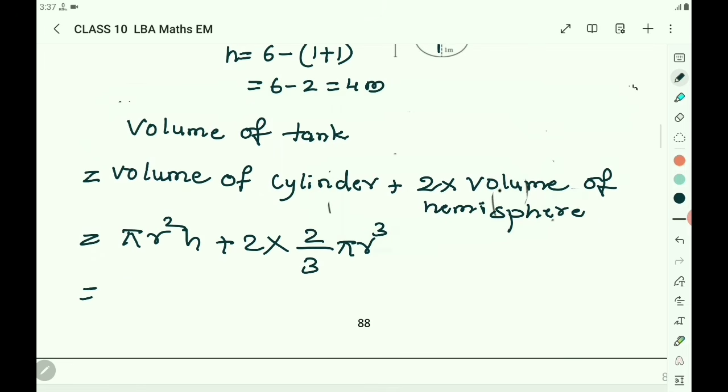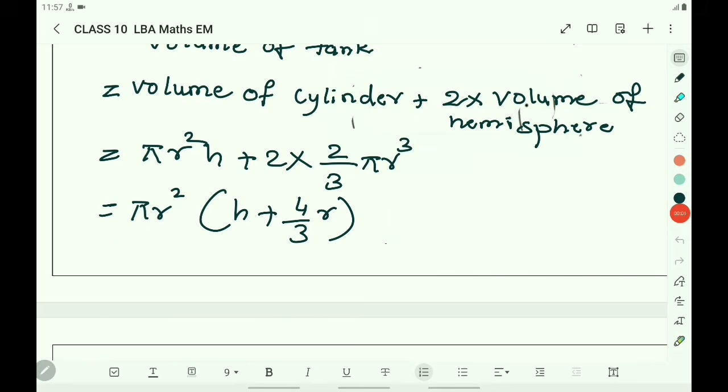Equals pi r square can be taken outside as a common factor. Here you write h plus 2 into 2 by 3, that is 4 by 3 r. Put the value of pi.